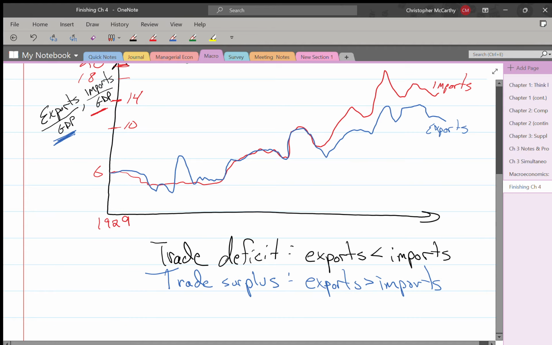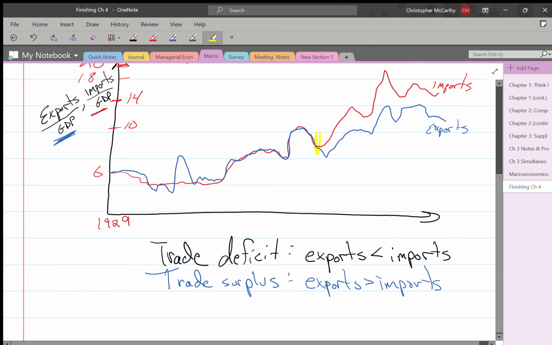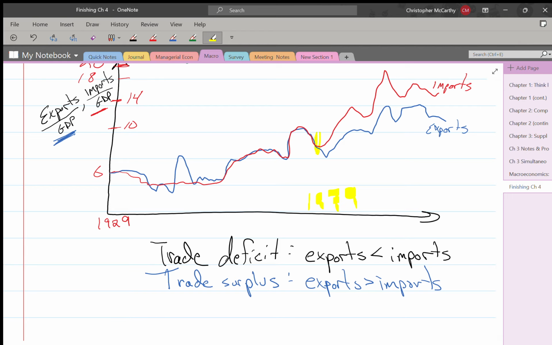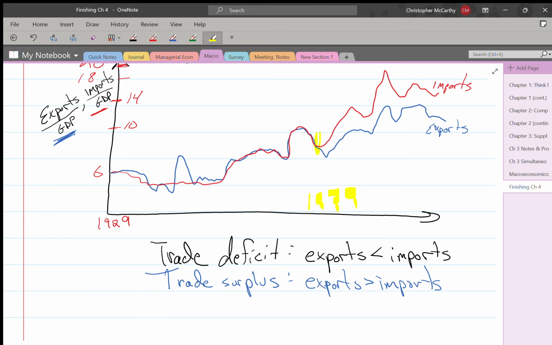So one of the main reasons why running a trade deficit would be difficult for as long as we've been running a trade deficit, since this point here, which was 79, is that that's been a long time, right? That's been 40 years. The issue with other countries running a trade deficit that long is that in order to buy things, you need to have the other country's money.